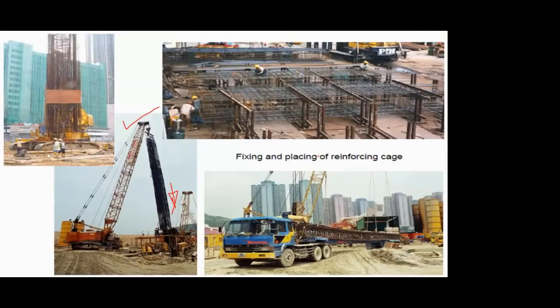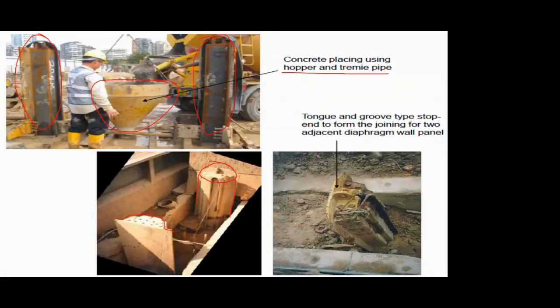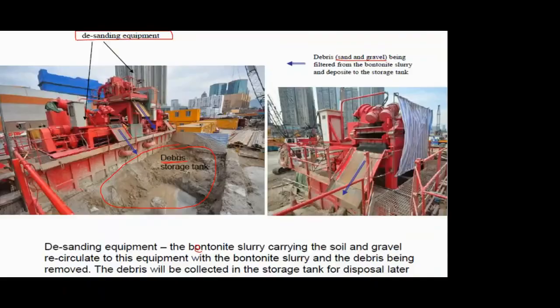With the slurry still in the trench, you place the reinforcement cage, which is assembled on the site itself. Then you place the stop ends, and start concreting, and simultaneously you pump out the bentonite slurry, which is filtered and reused for the next panel of your diaphragm wall.